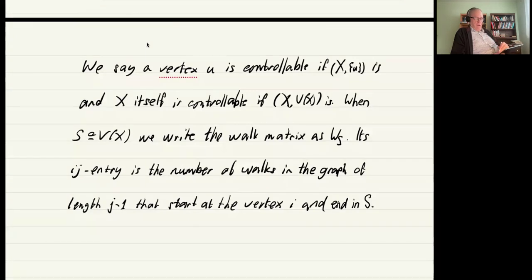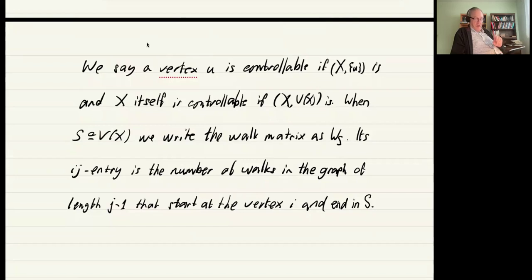And this is an adjustment to the walk matrix, so I write W sub S rather than W sub a vector. But in this case, we're just using the characteristic vector of S as our starting vector. Now, I think I got this right. The point is, if you're working with a subset, the ij entry of the walk matrix is the number of walks in the graph of length j minus 1 that start at the vertex i and end in S. Okay, so the point of this is not that I've got the i's and j's all in the right place.